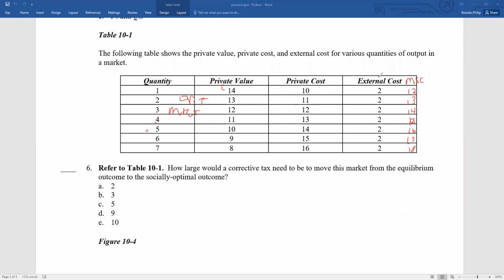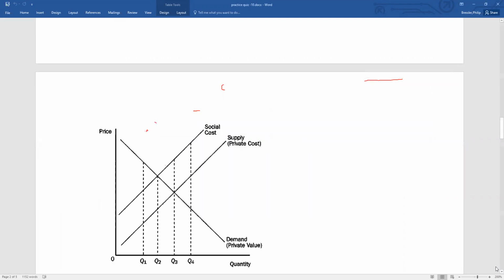Now, how about if this was, instead of external cost, external benefit, then we would know it's a positive externality, okay? And this wouldn't be marginal social cost, it would end up being marginal social benefit. All right. So those are the type of things they could ask. I mean, this was the easiest question I think they could have asked there. So they could ask something else on your quiz.